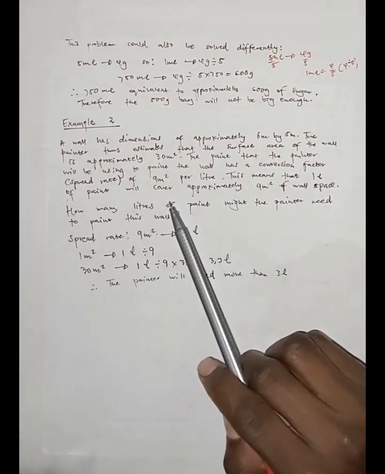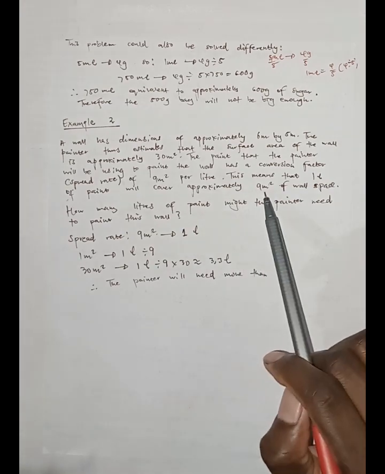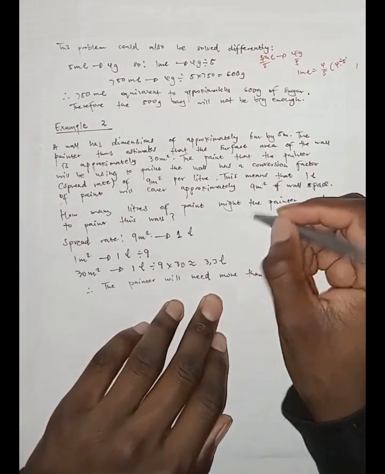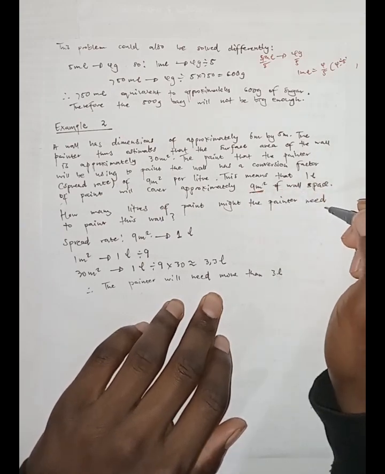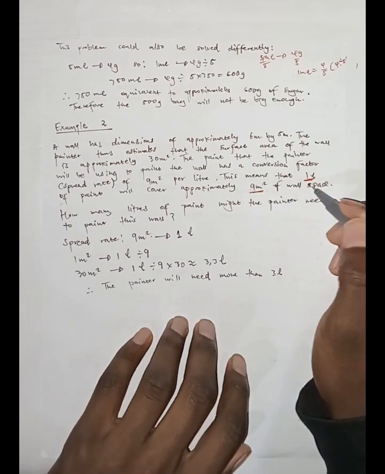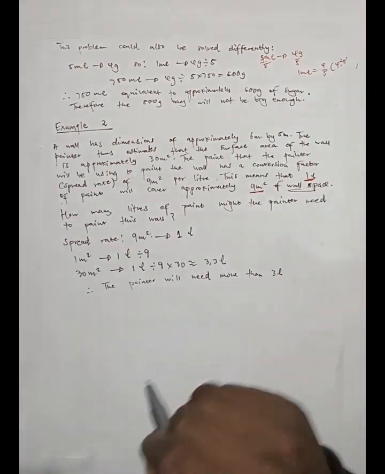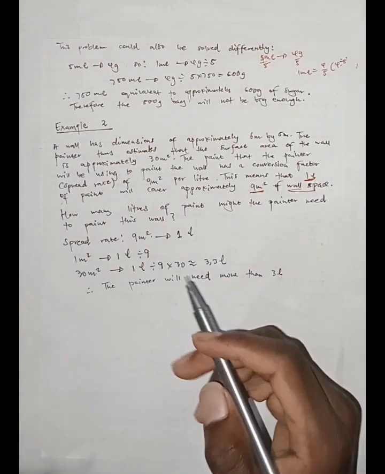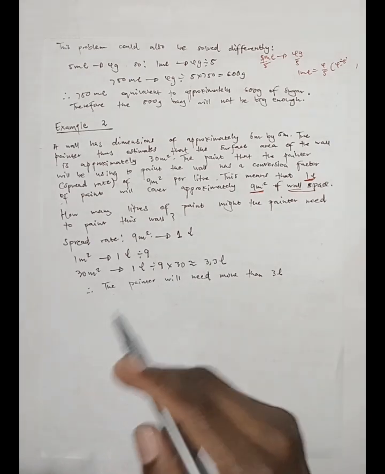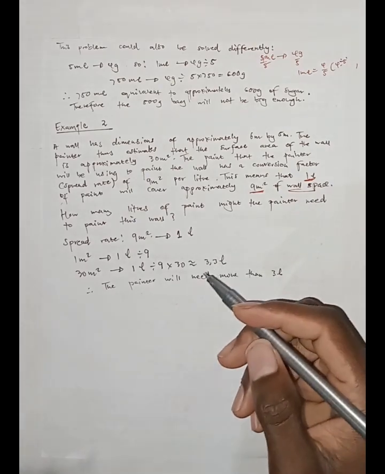This means that 1 liter of paint will cover approximately 9 cubic meters of wall space. How many liters of paint might the painter need to paint this wall? Okay, we read that already. Spread rate is 9 cubic meters, equivalent to 1 liter.